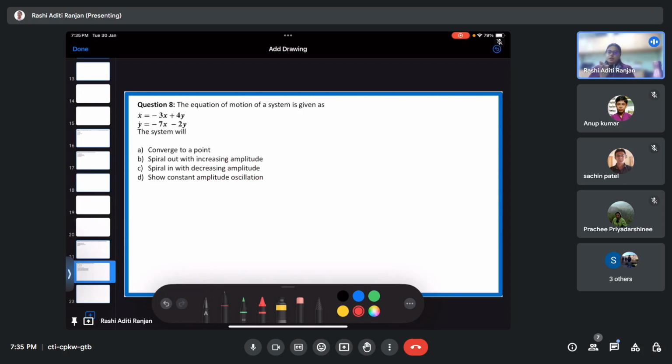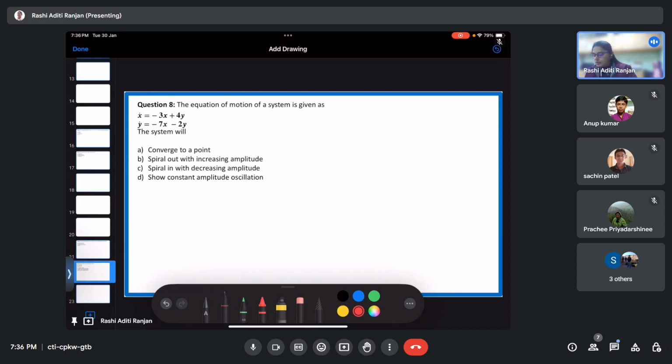Coming on to question number 8. The equation of motion of a system is given as this. See, I have less time left with you and I want to tell you about MATLAB, which will help you to solve the assignment problem. So I'll not go deep into this.